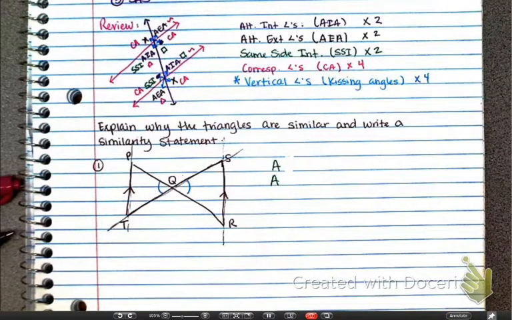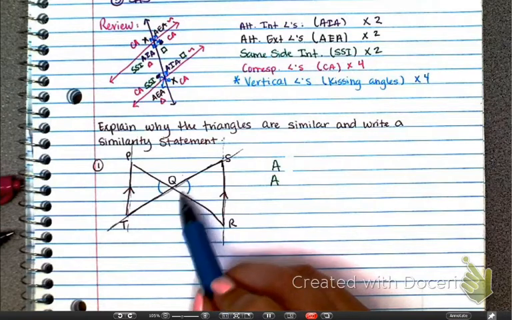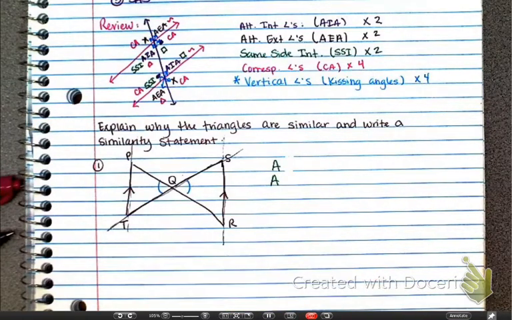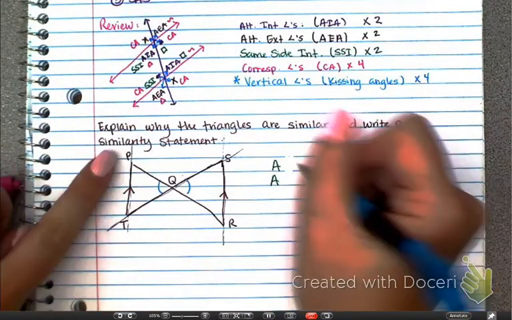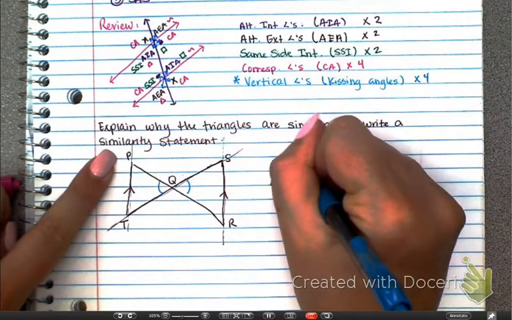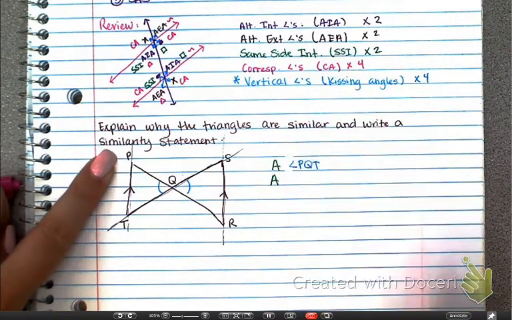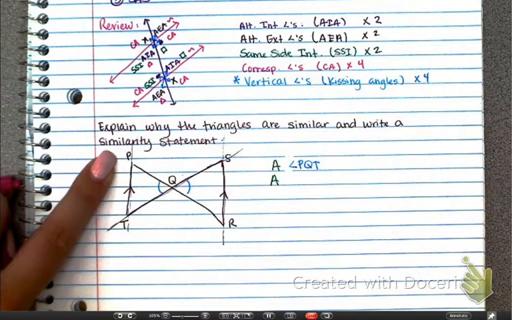Okay, so vertical angles. Now here's the thing with writing about vertical angles. I can't just say angle Q is congruent to angle Q, because how many angle Qs do you technically see? 4. 1, 2, 3, 4. I need to know which ones you're talking about. So I'm going to say angle PQT. You should have learned in IM1 to name an angle using 3 letters.